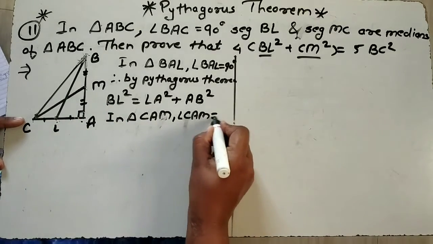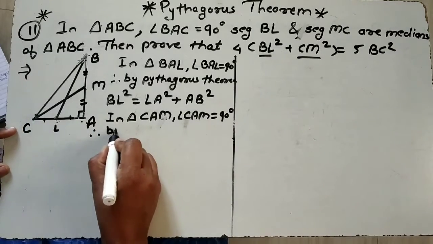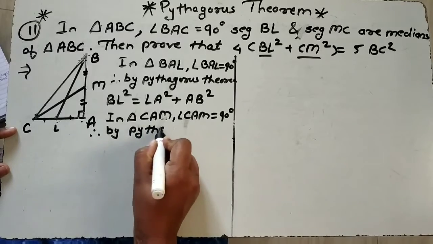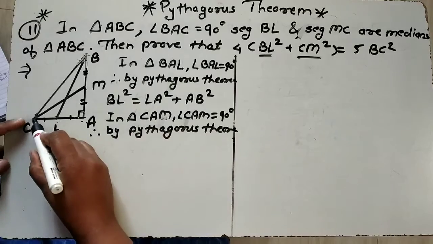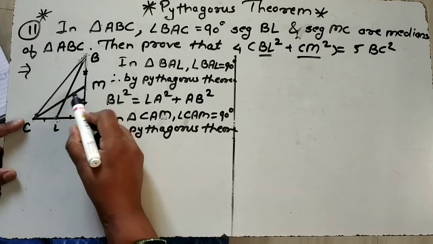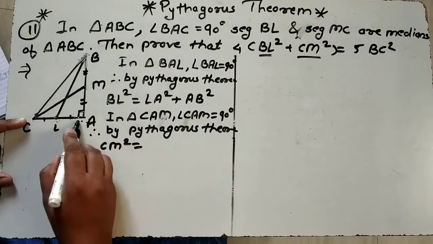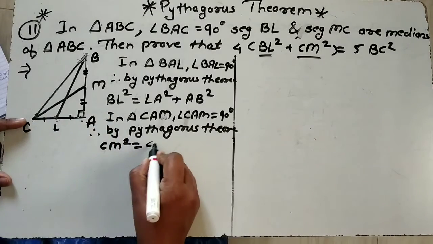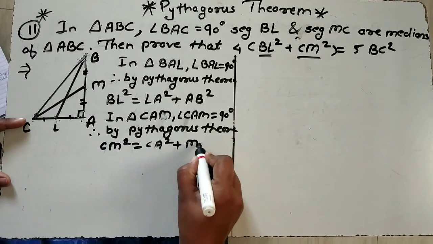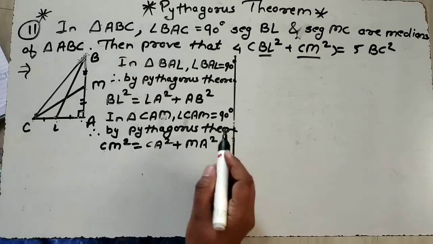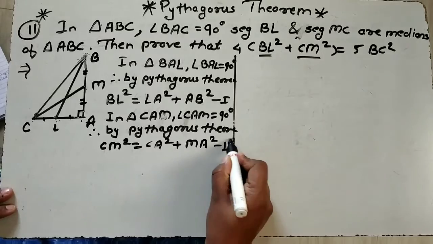Therefore, again by Pythagoras theorem, CM is the hypotenuse, so CM square is equal to CA square plus MA square. That is, hypotenuse square is equal to the sum of squares of the remaining two sides. So that is our first statement, and this one is our second statement.